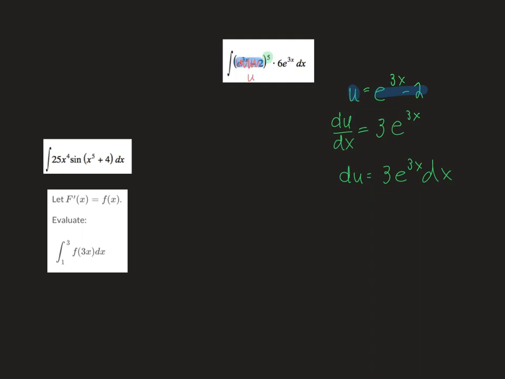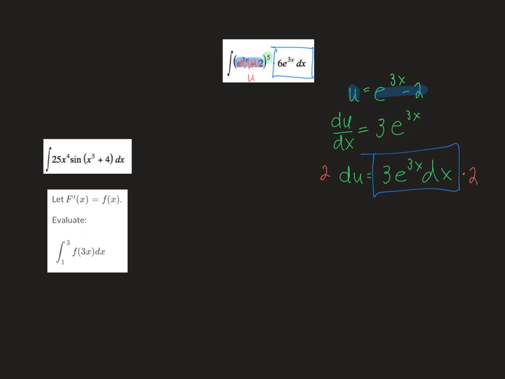And what I have left to replace is a 6e to the 3x dx. What I have going for me is a 3e to the 3x dx. So to get this over here to match what I'm trying to replace, it's going to require multiplying by 2. So I'm going to multiply both sides of this times 2.